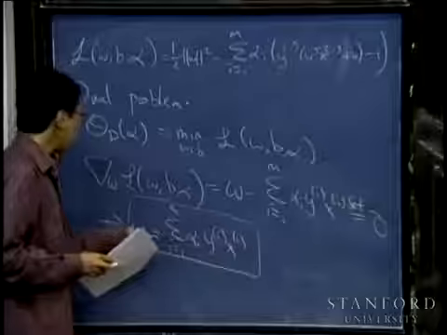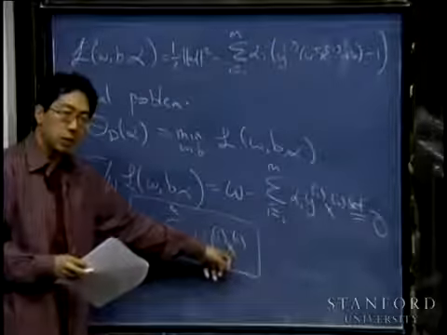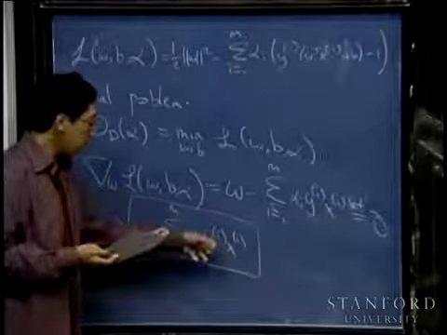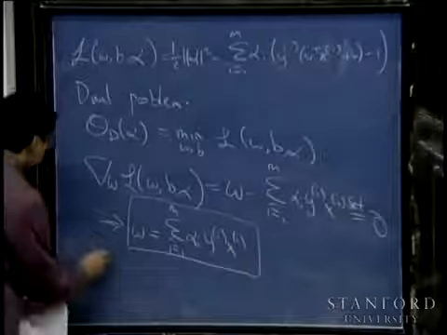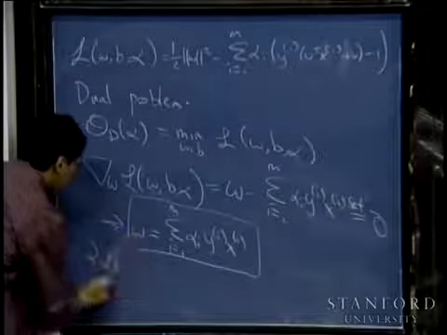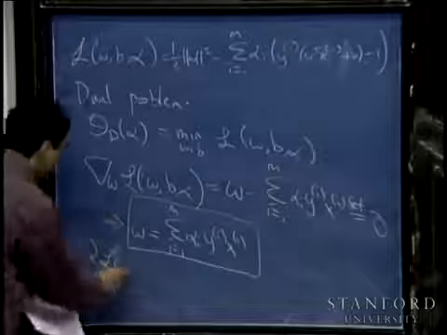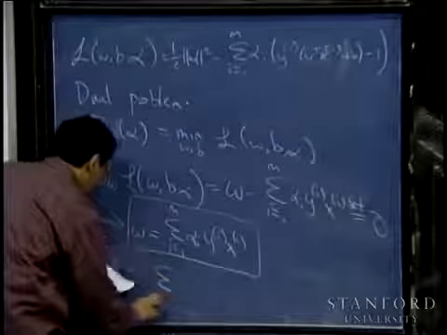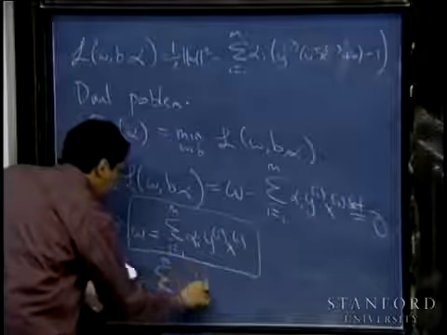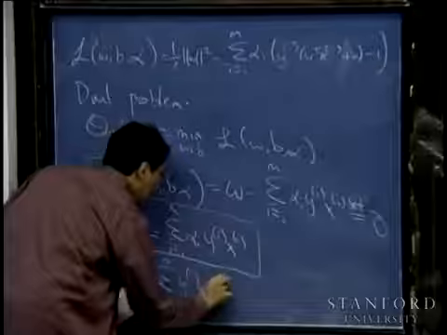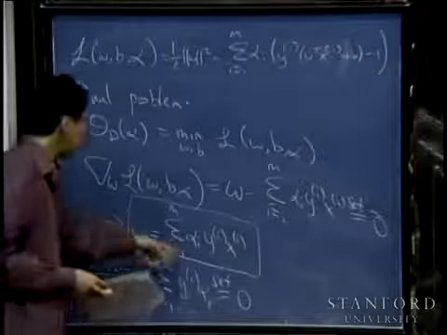This is a sum of various weights given by the alpha_i's times the x_i's, which are your examples in your training set. And this will be useful later. The other equation we have is the partial derivative of the Lagrangian with respect to B is equal to minus the sum from i equals 1 to m of alpha_i. And so I'll also set that equal to 0. Okay, and so these are my two constraints.